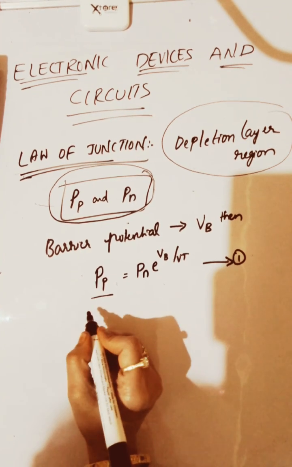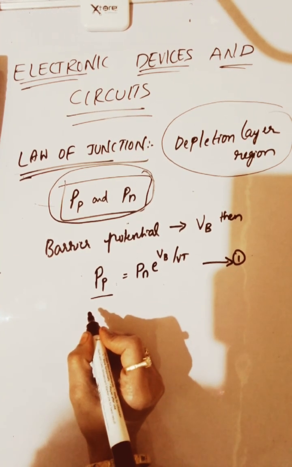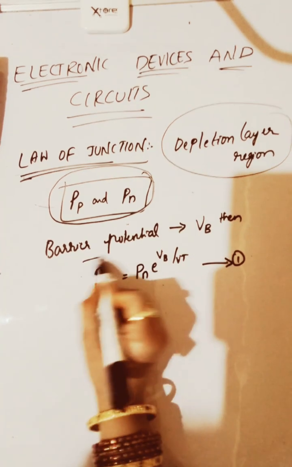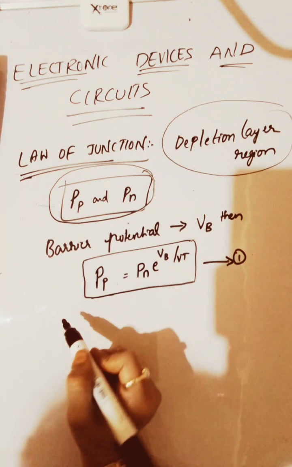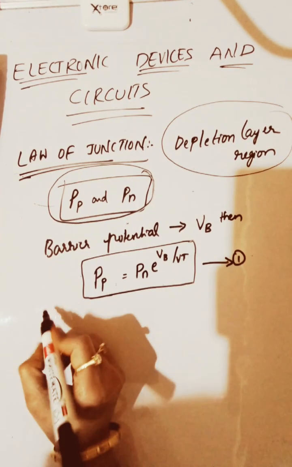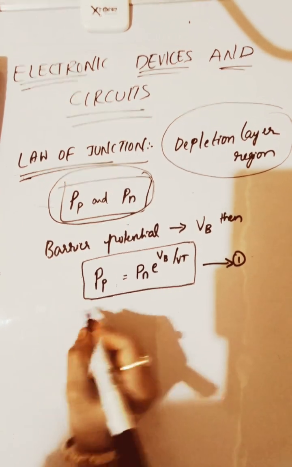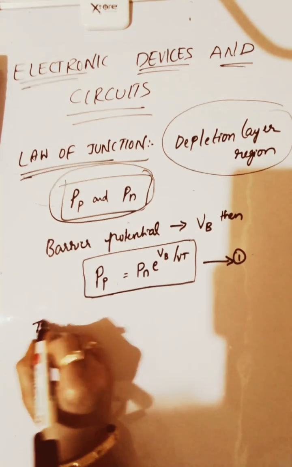This is the Boltzmann relation of kinetic gas theory. This entire equation 1 is a relation of the Boltzmann kinetic gas theory. Remember this one.